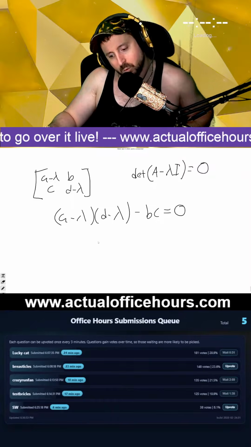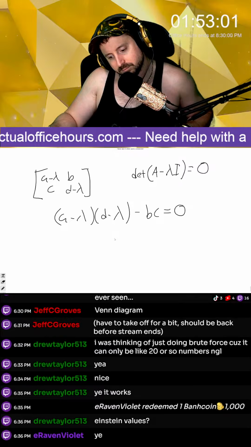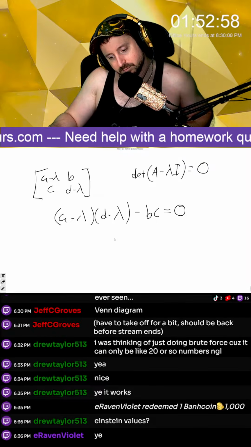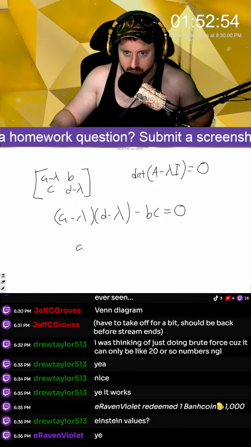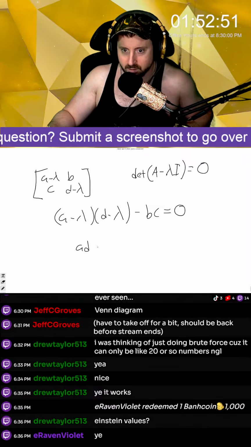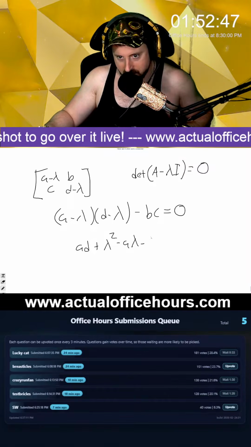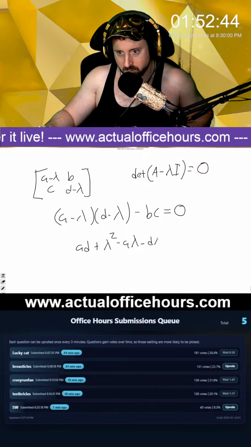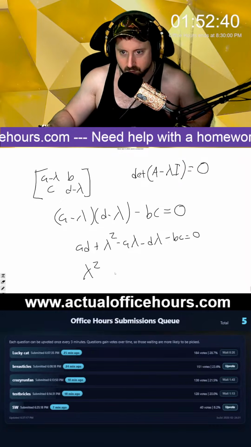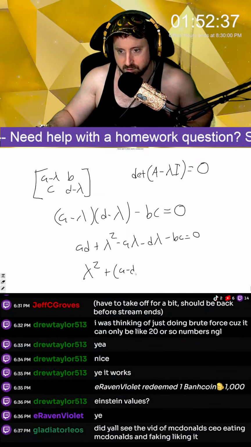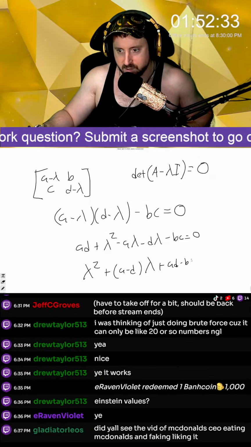Oh, well, they solve this for the eigenvalues. Does this become a quadratic? I'm just curious, actually. So this is AD plus lambda squared, and then minus A lambda minus D lambda, minus BC equals 0. So that's lambda squared plus A minus D lambda plus AD minus BC equals 0?